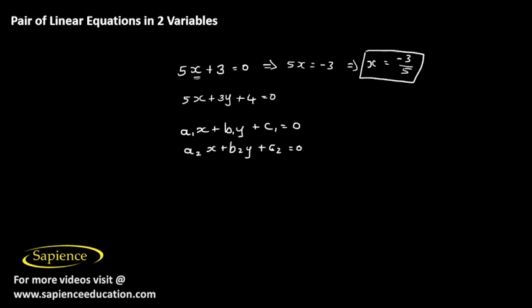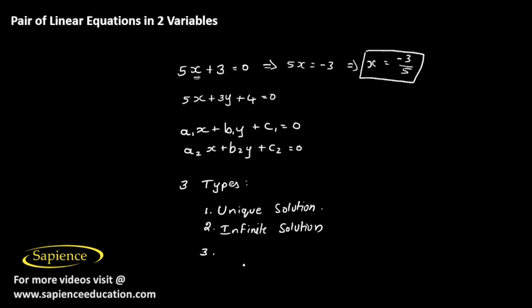Now their solution, the value of x and y, can be of three types. They may have a unique solution, and the second type is they might have an infinite number of solutions, and the third type is they may have no solution at all.